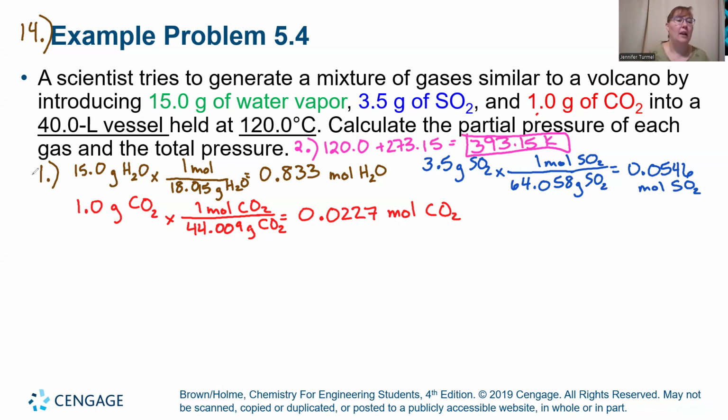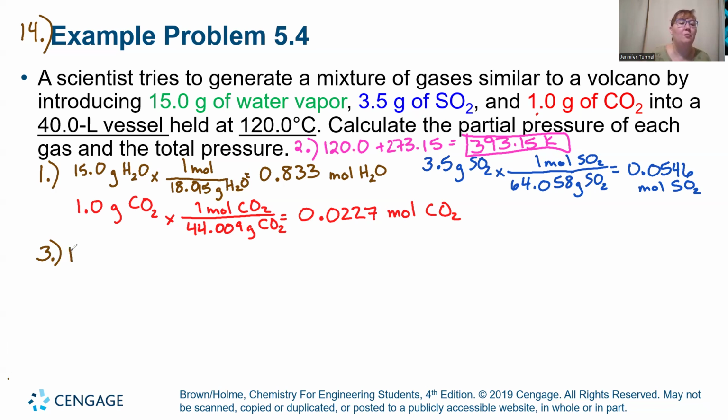Now let's go on to step 3. There are a couple of ways of doing this, so let's work from here. Step 3 is to use the ideal gas law to solve for pressure.